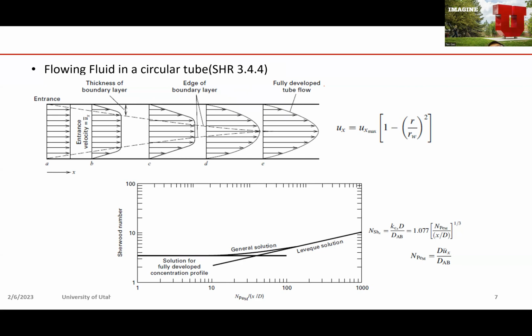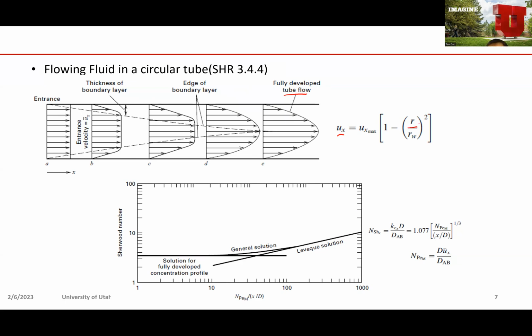It's just going to expand to the whole cross-sectional area of your tube. In this case, you will have a fully developed tube flow, in which the velocity in the x direction is going to be a parabolic function of your radial direction coordinate, right?